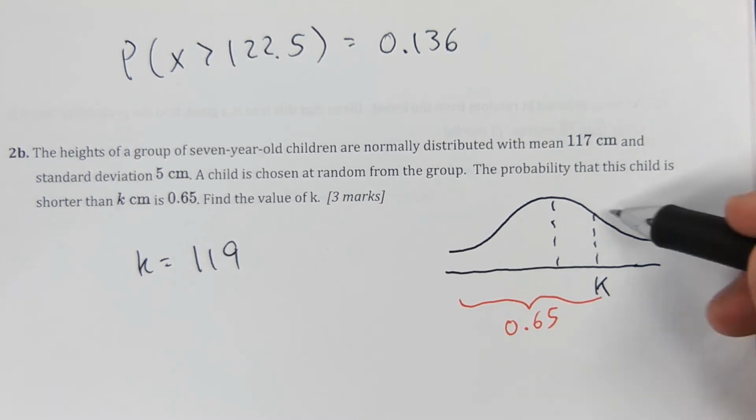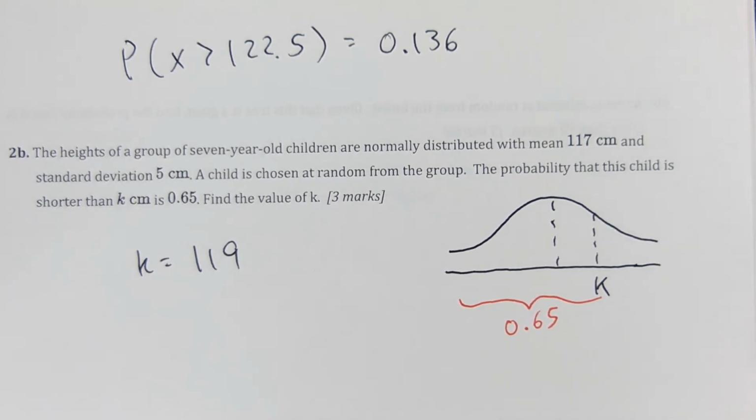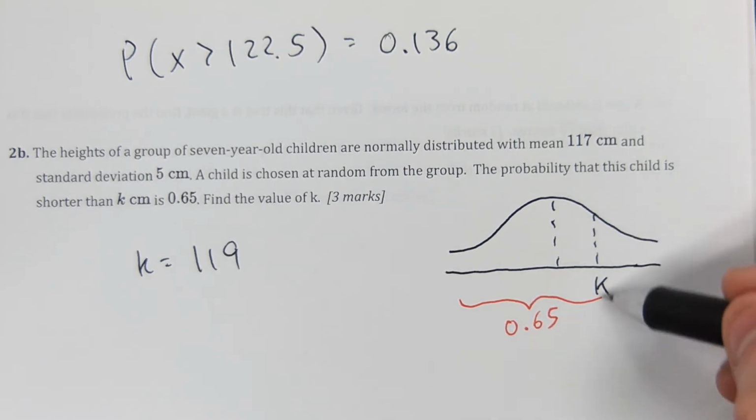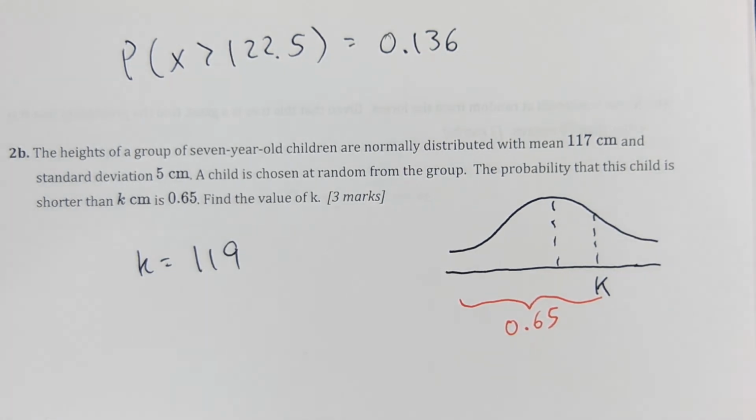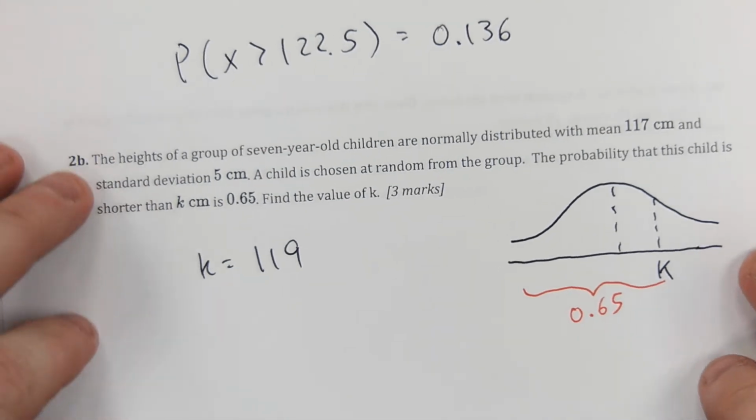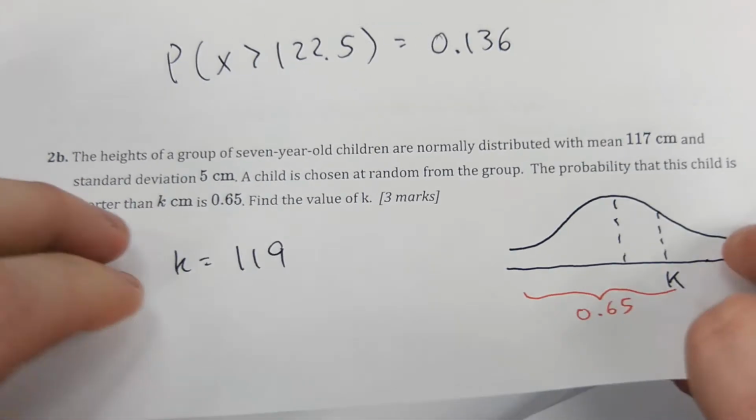So change your area to 0.35, and I bet it'll give you the same answer as what we have. Yep, okay. It means to the right of the number you're talking about. One of these days I've got to update the operating system on my calculator.